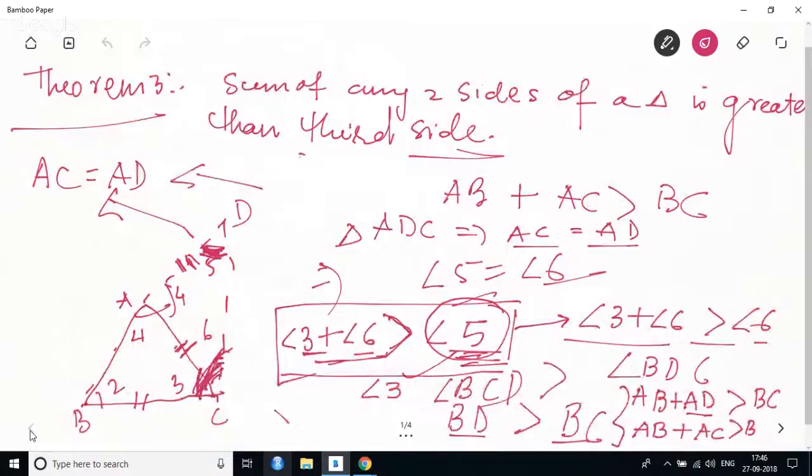How many of you understood it? Please let me know how many of you understood it. How many of you are there? Few of you have already left. Those who are there, how many of you understood it? Should I explain once more?